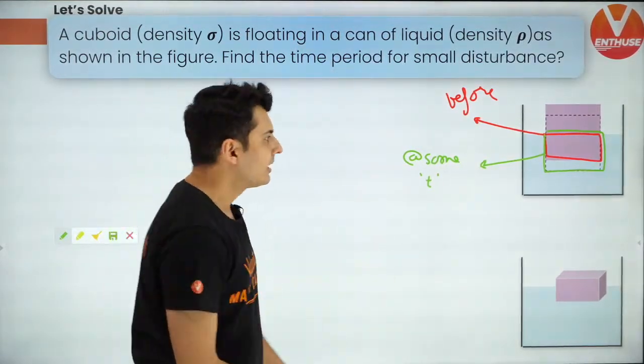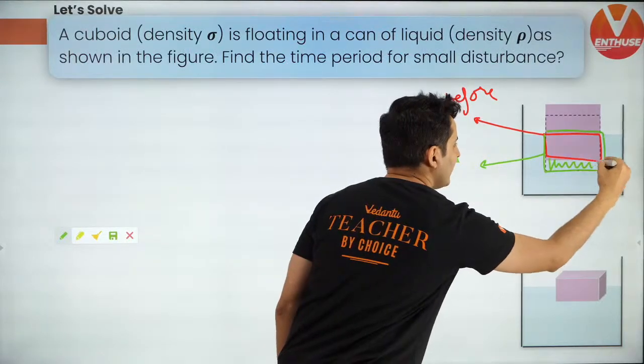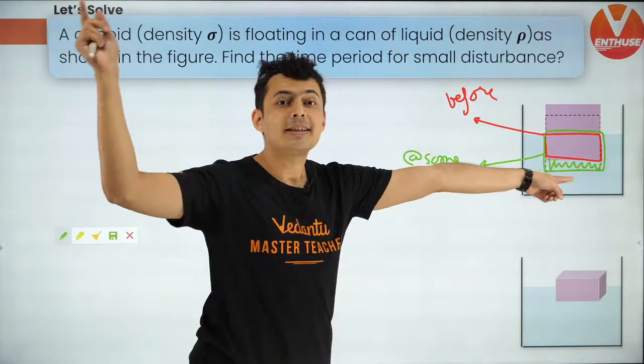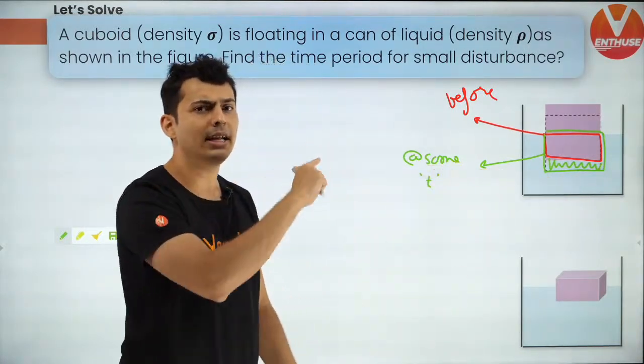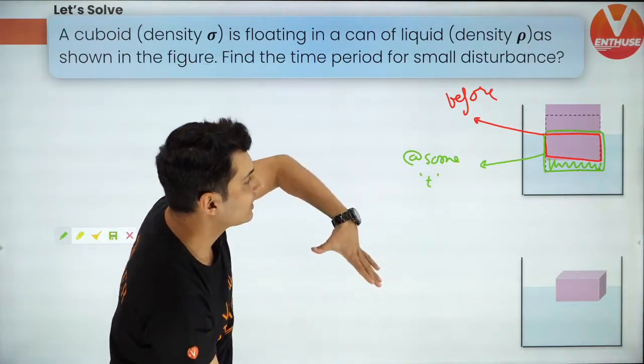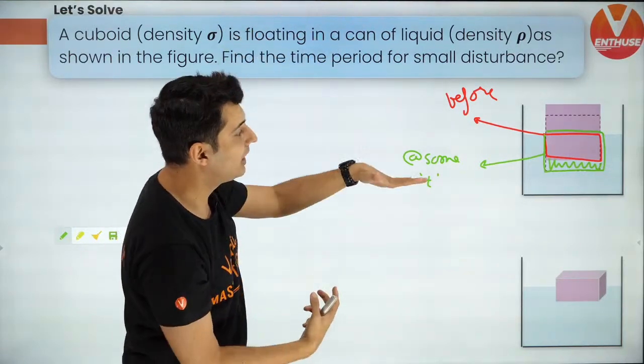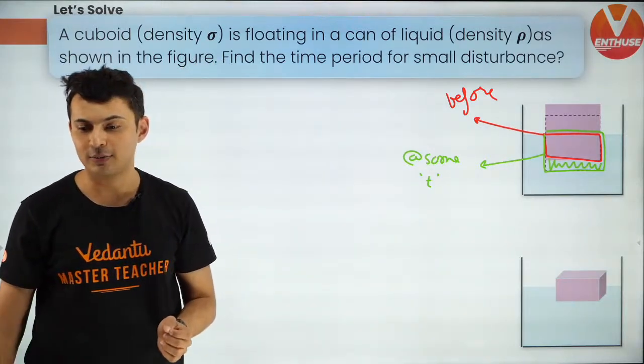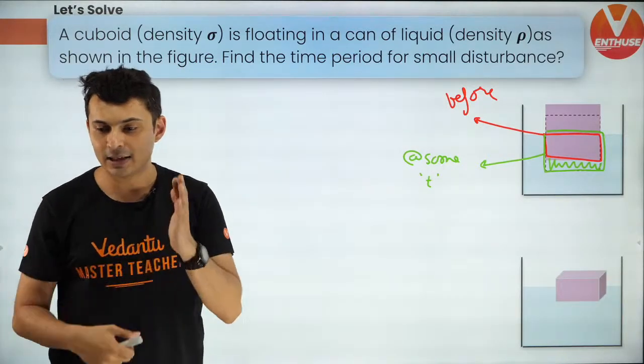Do you see there is some extra fluid which has been displaced? That extra fluid will create extra buoyant force. It will try to push it back because you have pushed it down. That will act like the restoring force.